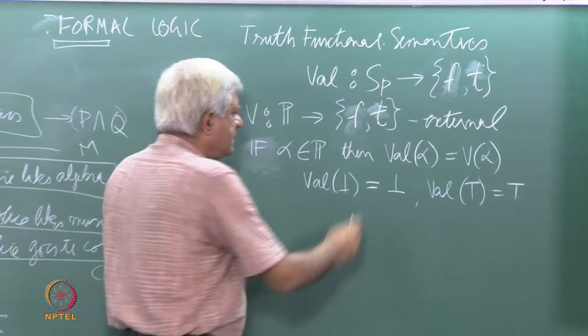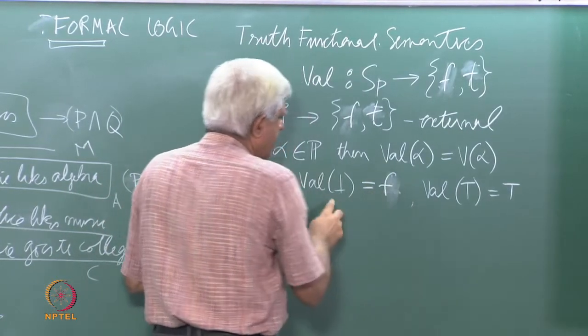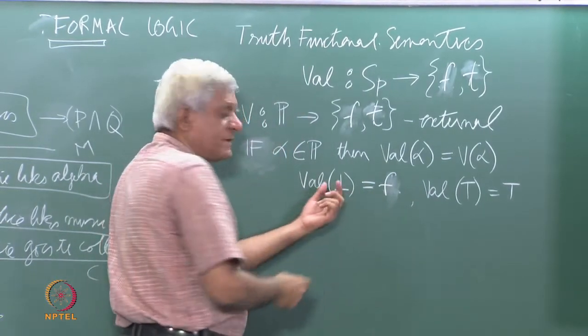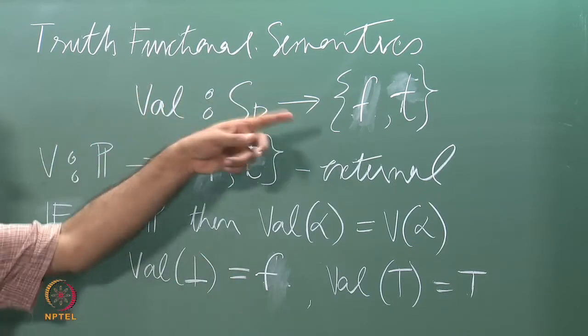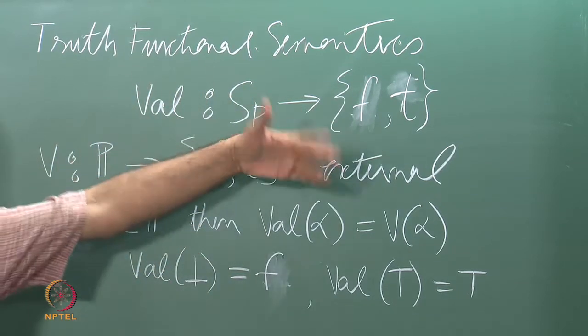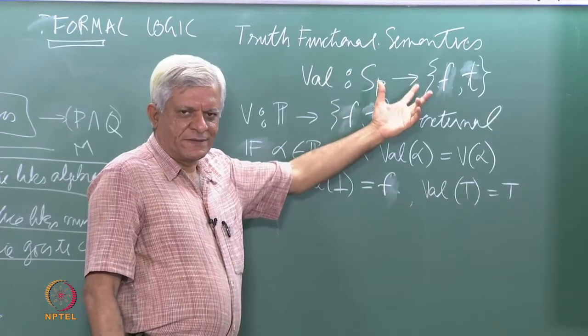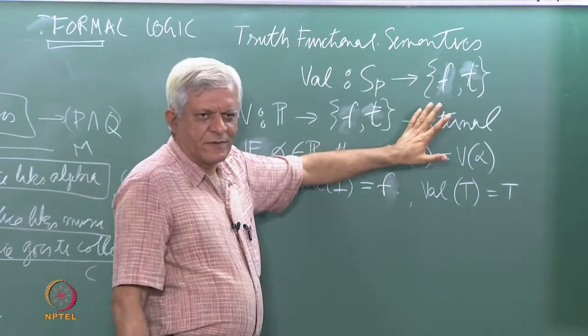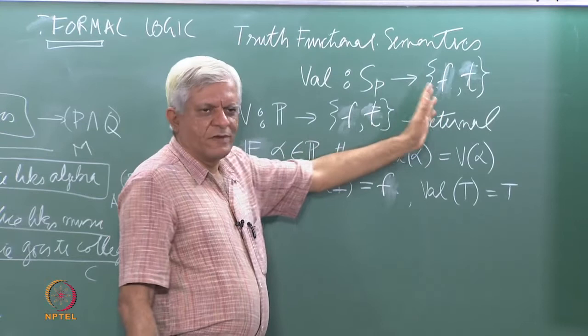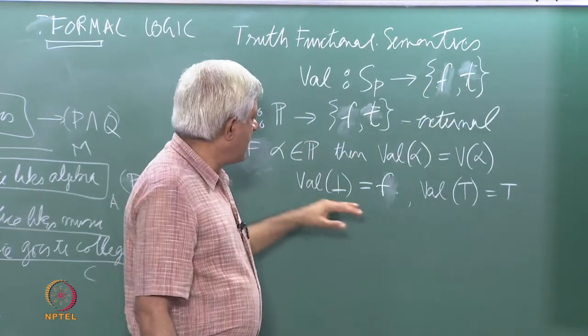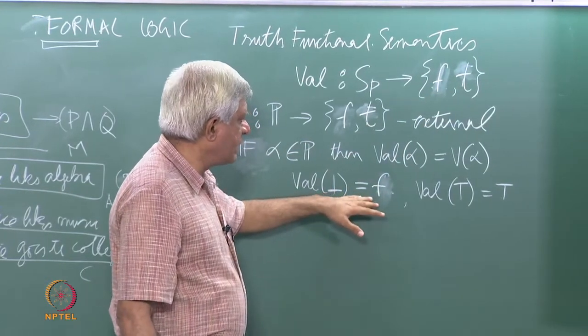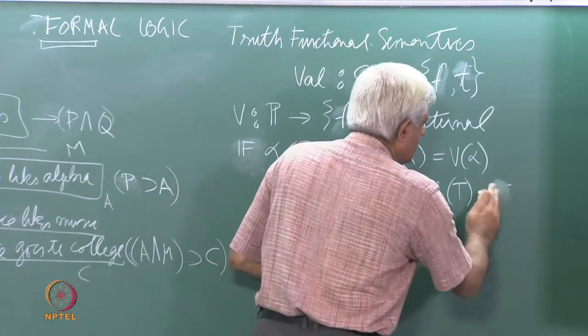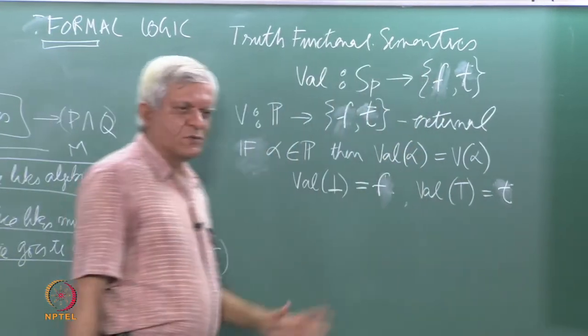So now what I am really saying is that this bottom symbol always maps to the truth value false. So let us call this a set of truth values, and we are working with a binary two valued logic. So there are these two truth values, one we call false and one we call true, and bottom always maps to false and top always maps to T, which stands for true essentially.